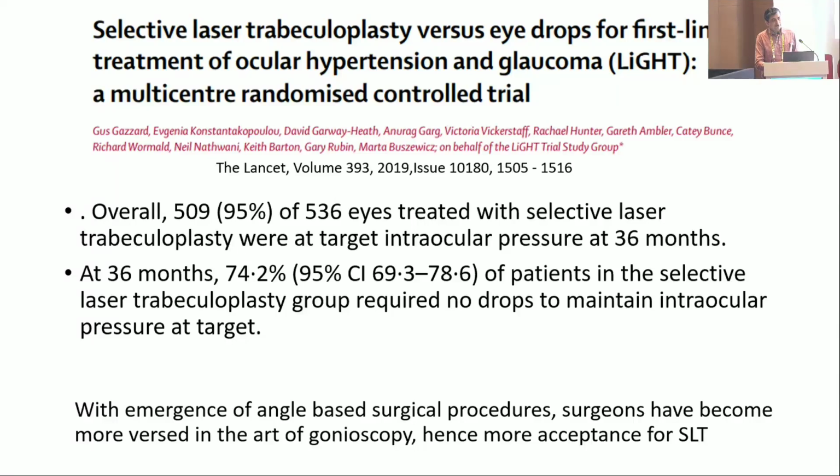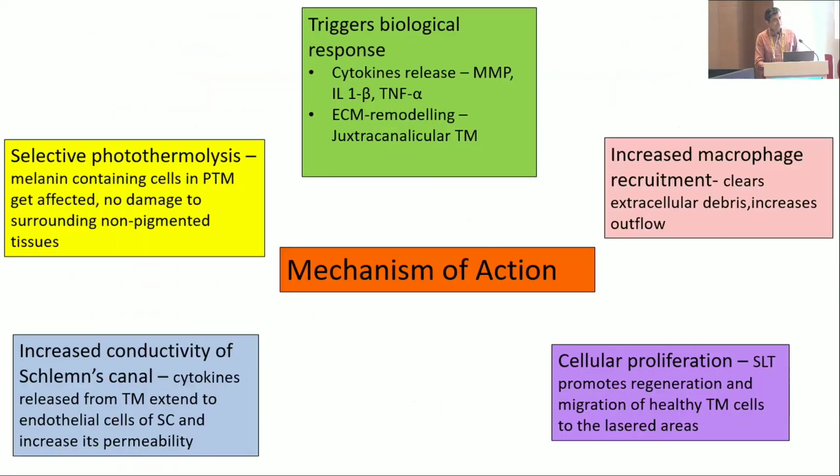This study, published in the Lancet, showed that 95% of the eyes treated with SLT achieved target intraocular pressure even at 3 years. 74% of the patients after SLT required no drops to maintain intraocular pressure at target. With the emergence of angle-based surgical procedures, surgeons have become more versed in the art of gonioscopy, and hence nowadays there is more acceptance for SLT.